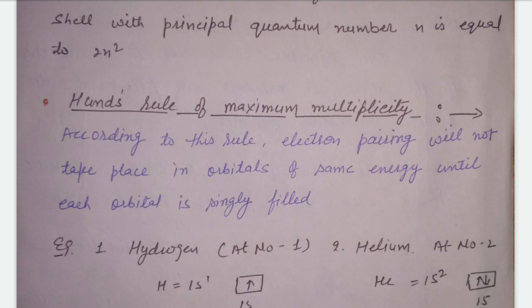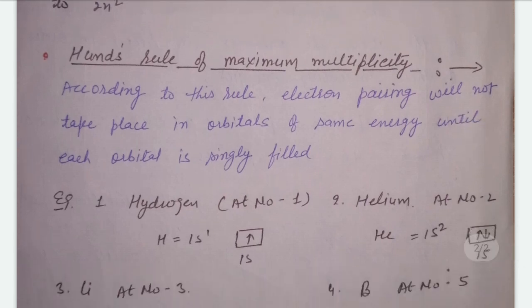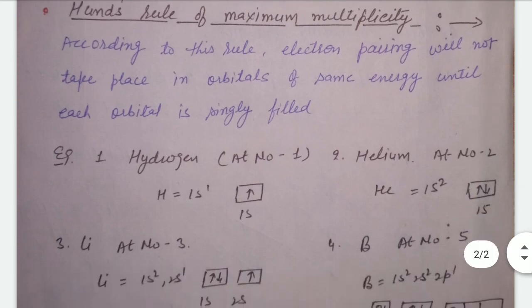It means a p orbital has three suborbitals, px, py and pz. Whenever there are four electrons, first they are singly filled, one in px, one in py and one in pz. Then the fourth electron enters to make a pair in px. First they are singly filled and then make pairs.